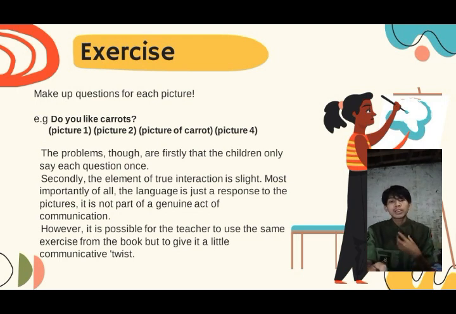And then you give a little communicative twist by responding, yes, I do. Yes, it's my favorite. By responding like that, you will make an interactive communication.